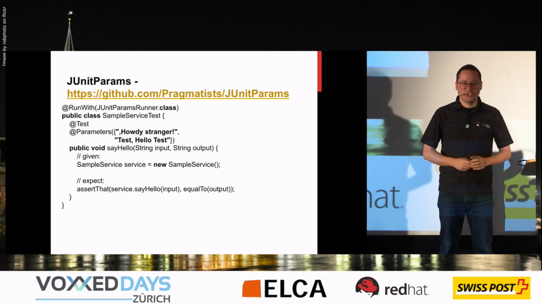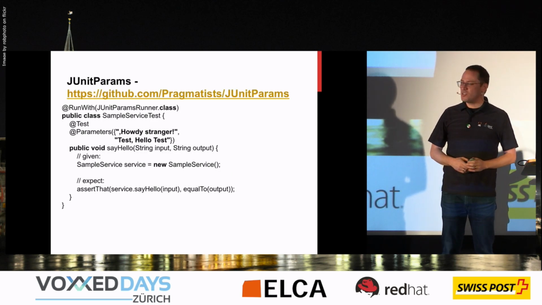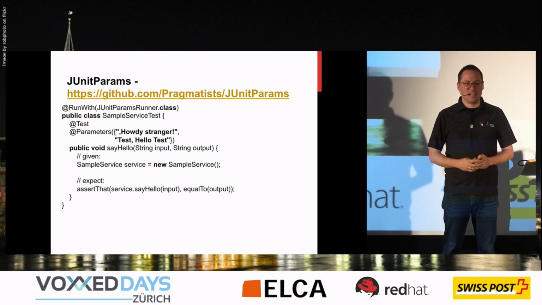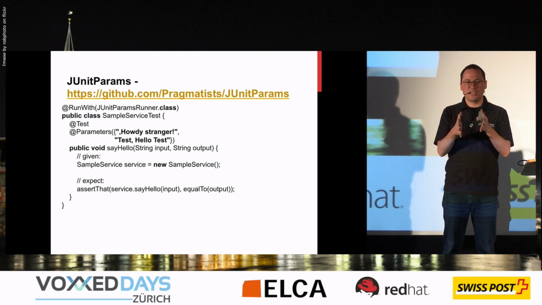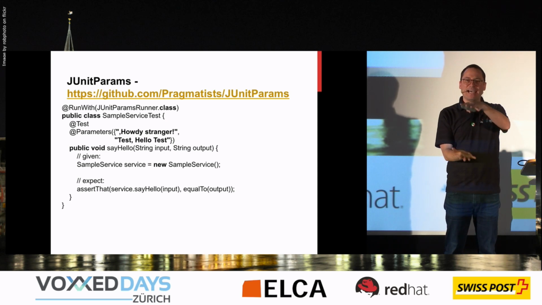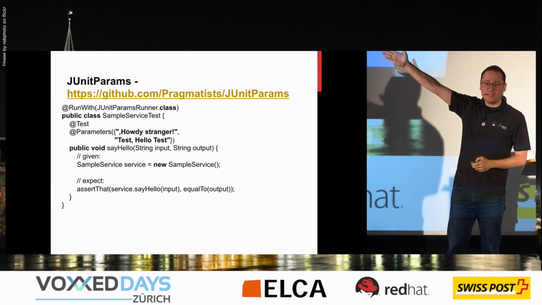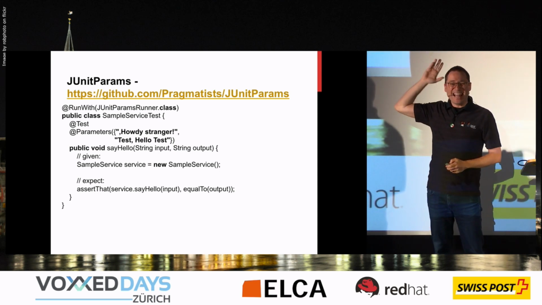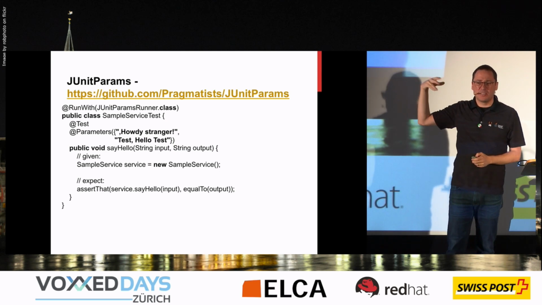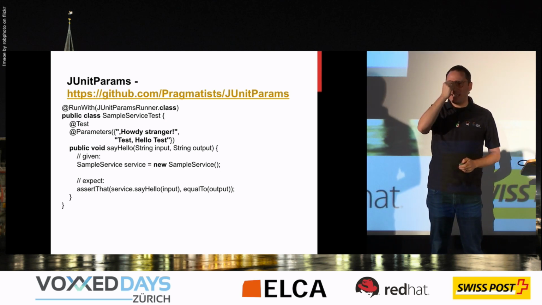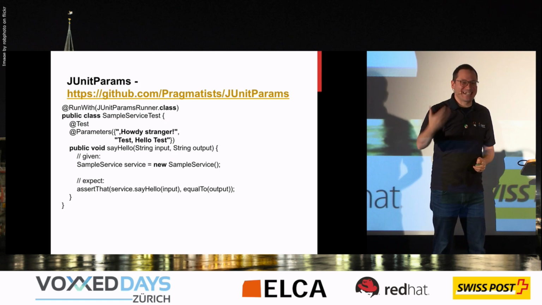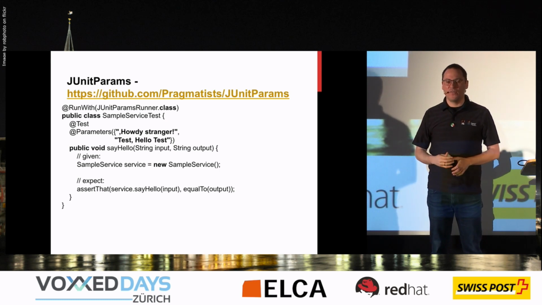Well, if you happen to use JUnitParams, then it's a matter of using the right annotations, and now you can go back to a single test case with all the relevant scenarios packed in the same place. You can supply the arguments directly in the annotation, you can give it the name of a method that supplies the values, or you can even give it the class name of the data provider, if you will.